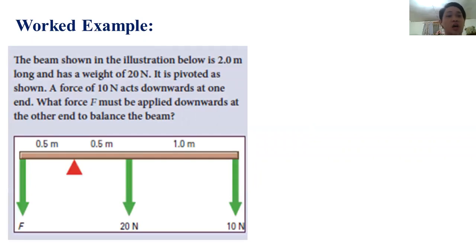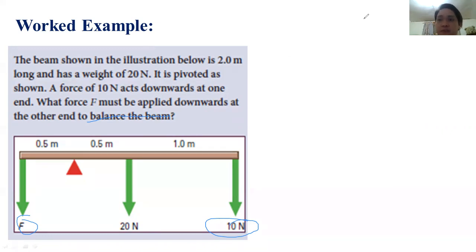A force of 10 newton acts downwards at one end. Now, what force, or F, must be applied downward at the other end to balance the beam? Our goal here is to make the beam balanced.